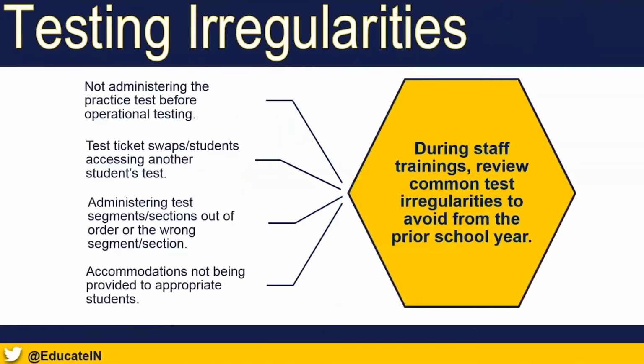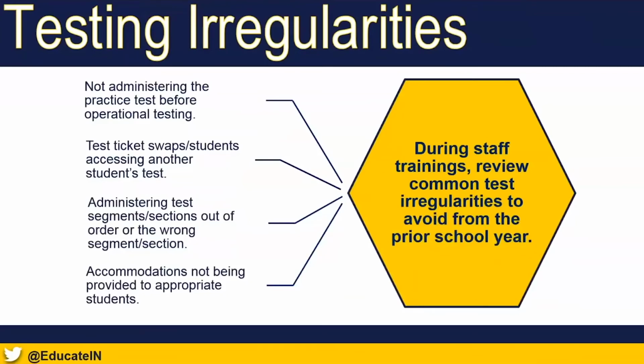Common irregularities that were reported to IDOE that should be avoided this year include TAs not administering the practice test before operational testing. TAs need to verify students have completed the practice test at least once prior to the operational test. If TAs are uncertain whether a student has completed the practice test, they should contact their STC for assistance.